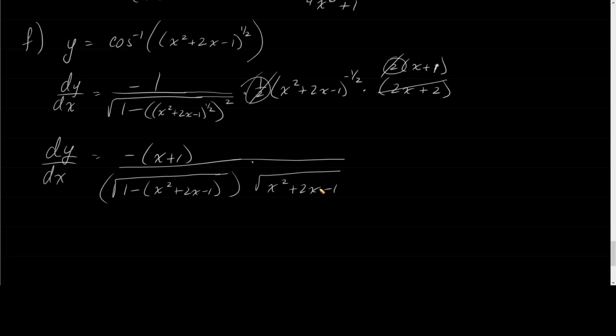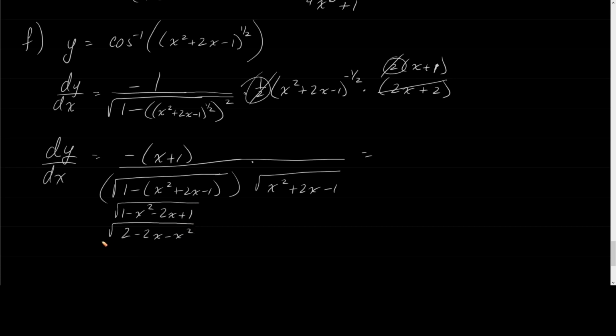There's not really that much else that we can do here, so I'm going to end it at that. But if we really wanted to, we can go further. I'll go one step further. If I distribute this negative, I end up with 1 minus x squared minus 2x plus 1. 1 plus 1 is 2, so I'll write it as 2 minus 2x minus x squared, and that's inside the radical.